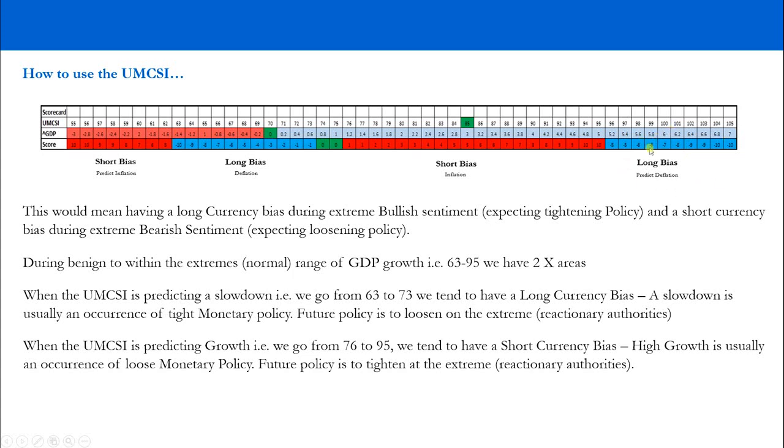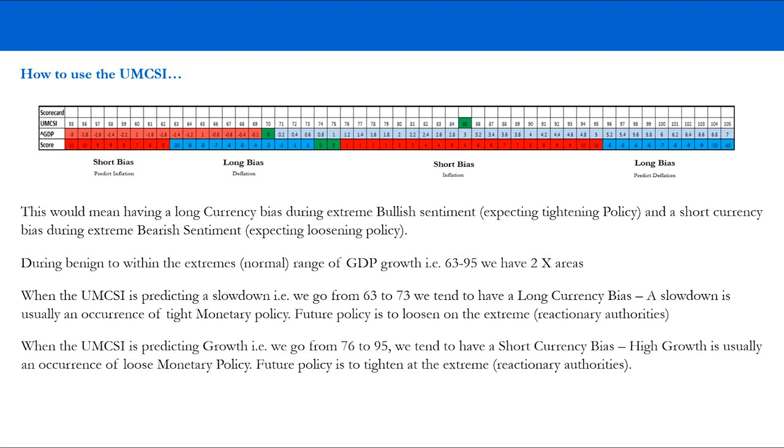And when we have extreme inflationary conditions predicted, we actually start predicting deflation because it can't get any better. And central authorities will have to intervene because they don't want it to get any worse. And they will have to intervene because inflation may get out of control away from the target rate. So we have to bear in mind these extremes, and we have to operate within the parameters.